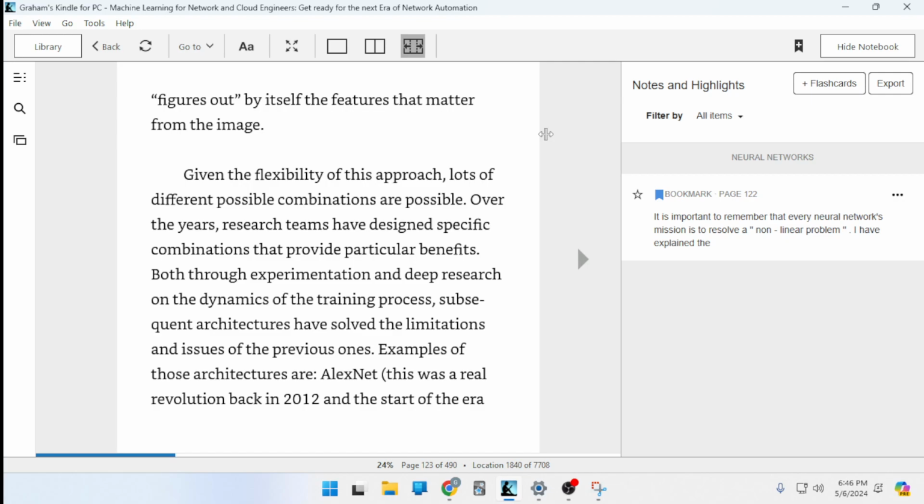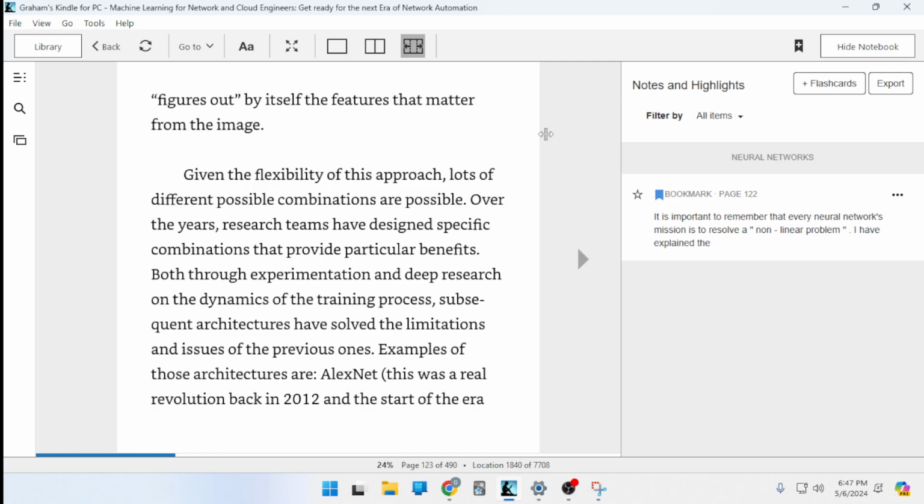Over the years, research teams have designed specific combinations that provide particular benefits, both through experimentation and deep research on the dynamics of the training process. Subsequent architectures have solved the limitations and issues of the previous ones. Examples of those architectures are AlexNet.